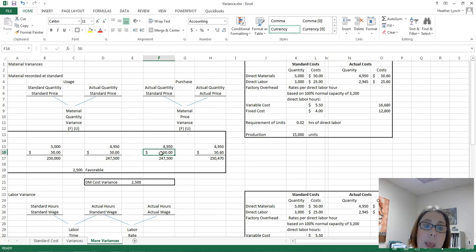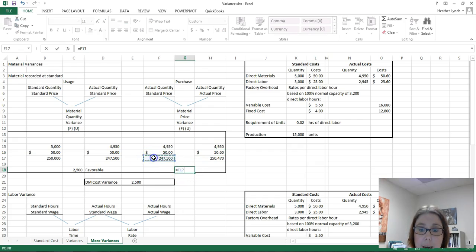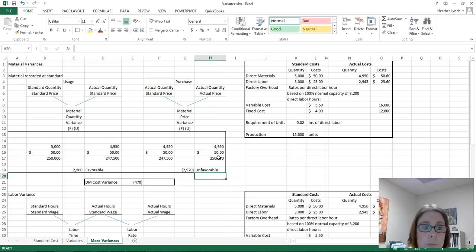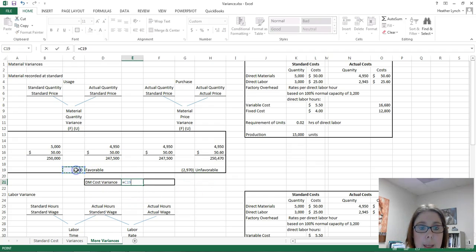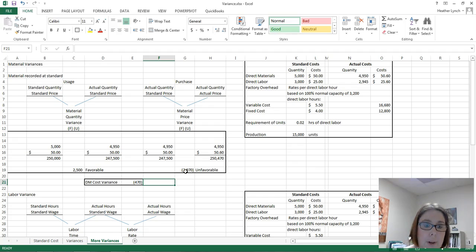We anticipated only paying $50, but we actually had to pay $50.60. That 60 cents got us. So subtract the difference. So we have unfavorable. I'll show you how I did that. I looked at this and I subtracted. Let's not do that. Let's add this plus the 2,970. So our direct material cost variance, we were unfavorable.